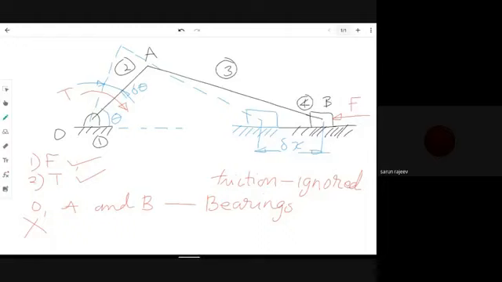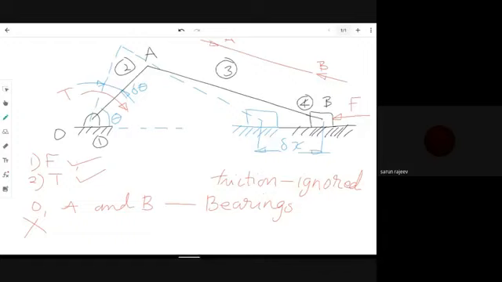Now, when you look at the bearing forces at A and B, if you just look at the free body diagram of AB, there are two forces acting at A and B. As the system is considered to be in equilibrium, both the forces at A and B should be equal and opposite.